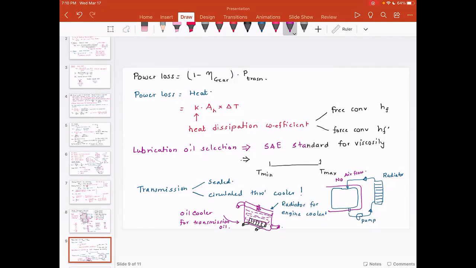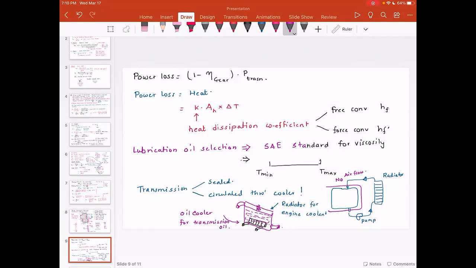And with this, typically the gears are lubricated. And this is an important piece of information that you should keep in mind.